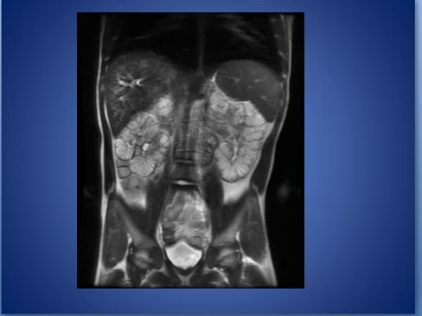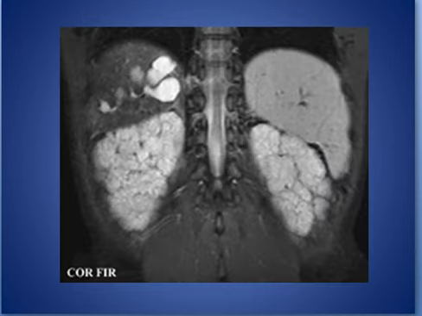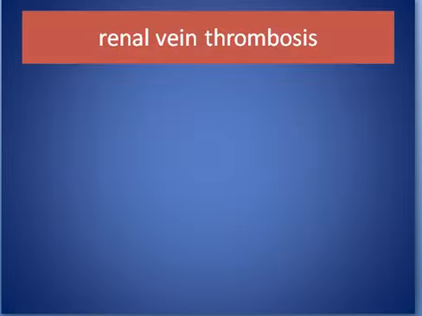Here, this MRI shows a large kidney with multiple small cysts. This is a coronal MRI, inversion recovery, demonstrating a large kidney with a big spleen and multiple small cysts in this patient with Caroli disease, in this patient with autosomal recessive polycystic renal disease.